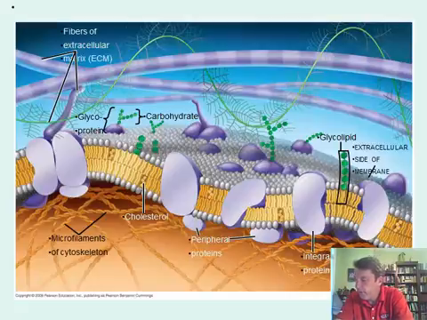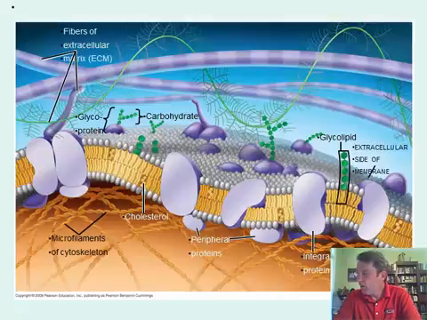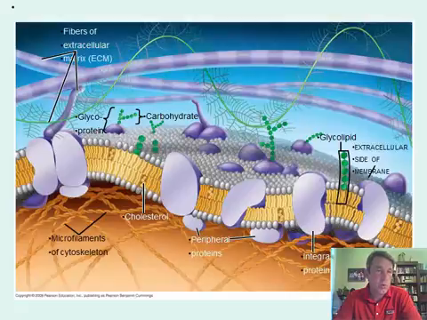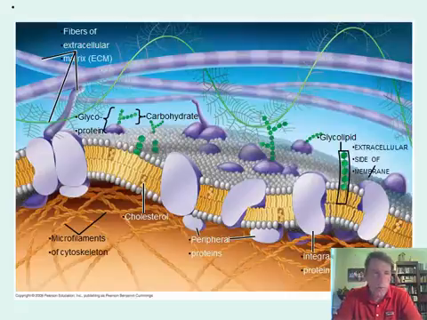The physical processes are those that do not require energy. So that's the physical process where there is no energy requirement. And the other process of moving things from one side of the membrane to the other does require energy, and that process is referred to as a physiological process, where cellular energy is required.